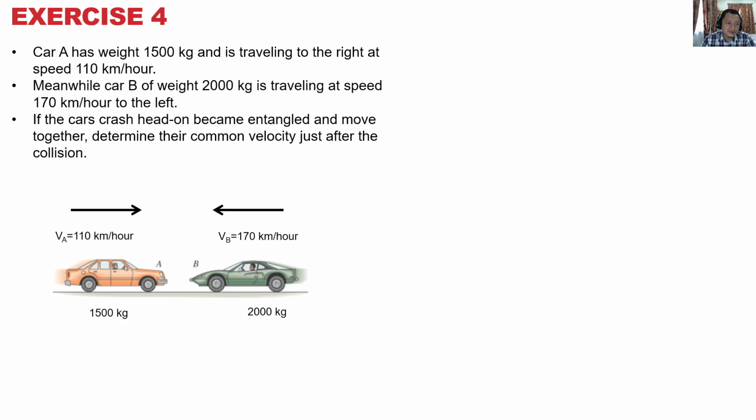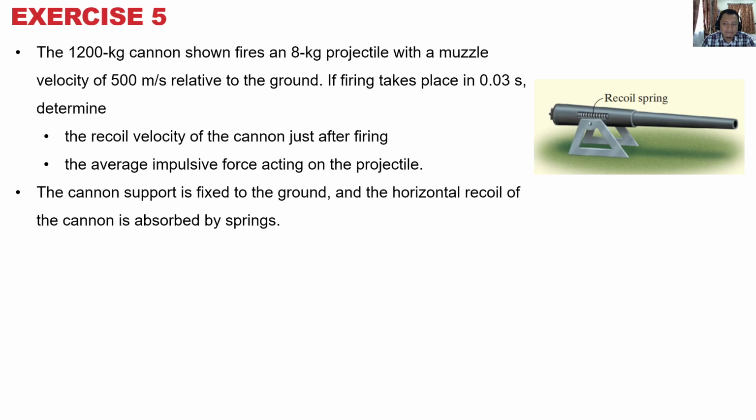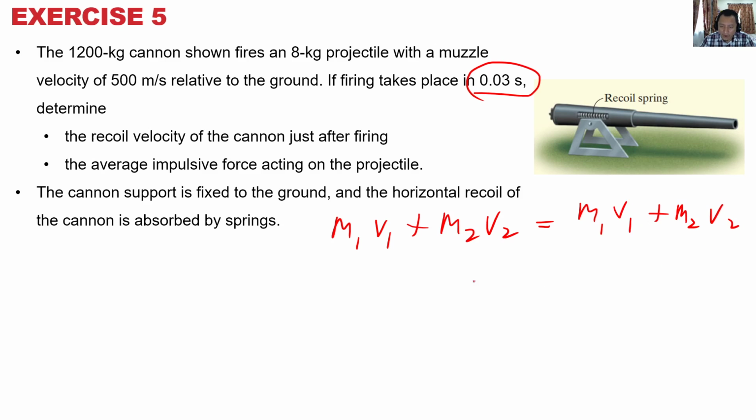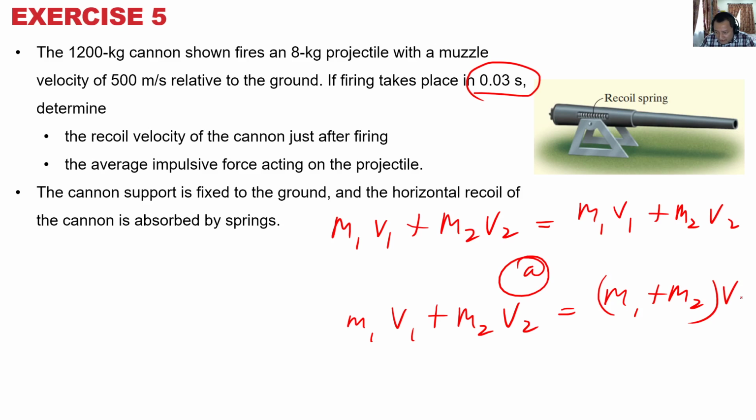This one you can do on your own, very easy. This one not so hard. Firing takes place in 0.03 second. You have to decide. M1V1 plus M2V2 equals M1V1 plus M2V2, or M1V1 plus M2V2 equals (M1 plus M2)V3.